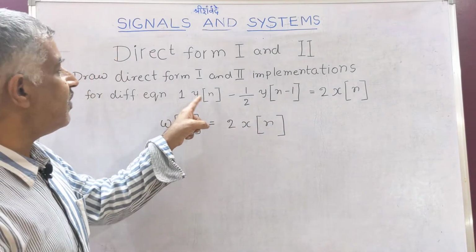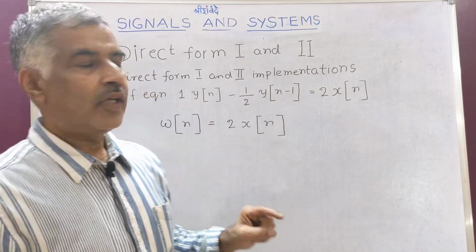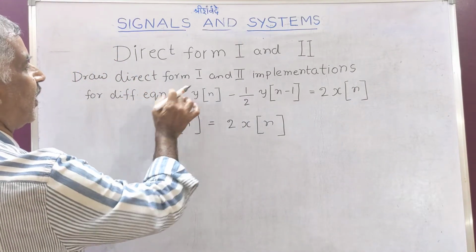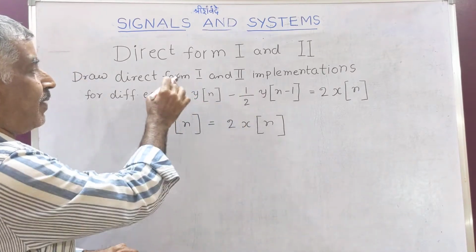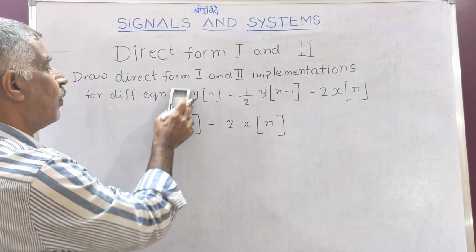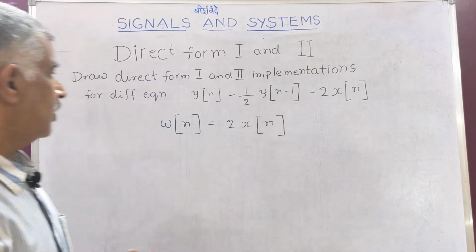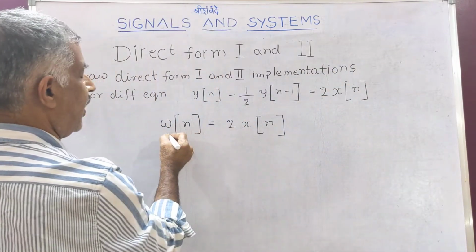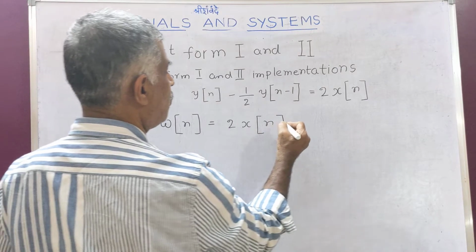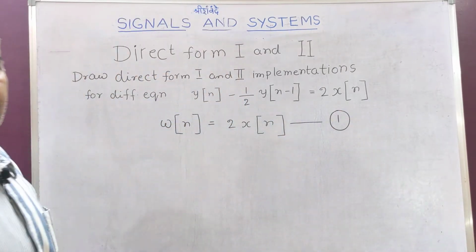If you find any other coefficient, for example 4, then you divide throughout by 4 and make it 1. In this problem, the coefficient of y of n is 1. Now I have called the terms on the right hand side w of n, and w of n is equal to 2x of n. Call this equation number 1.